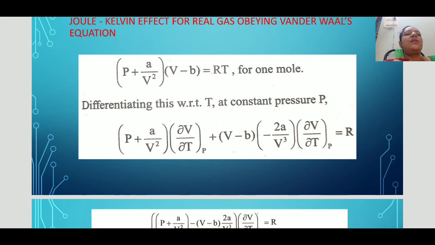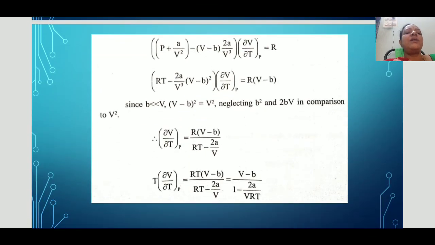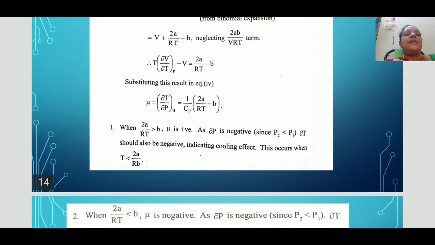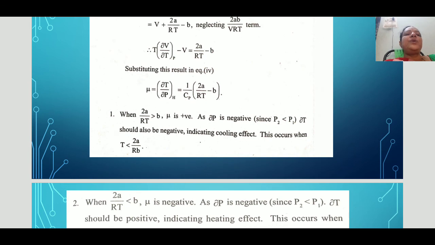Coming to the van der Waals gas. For the van der Waals gas, mu can be calculated as mu is equal to 1 by Cp into (2a by RT minus b). By this we discuss three cases depending upon 2a by RT and b.